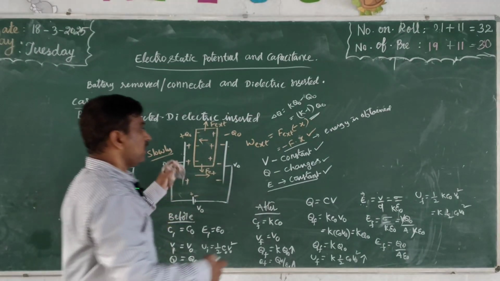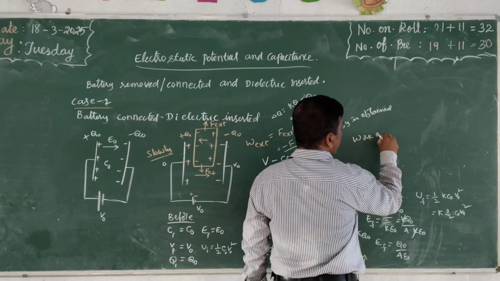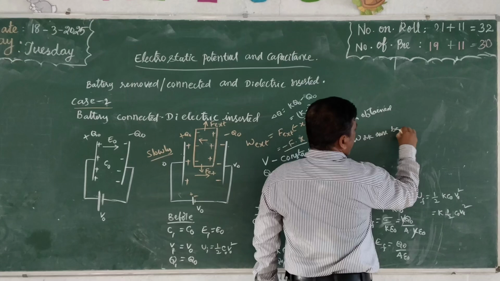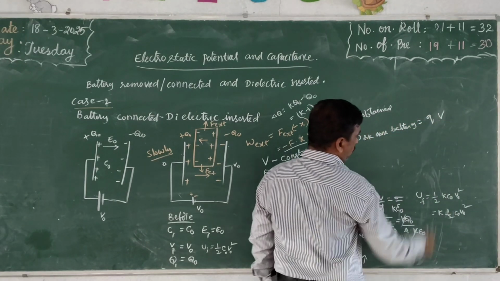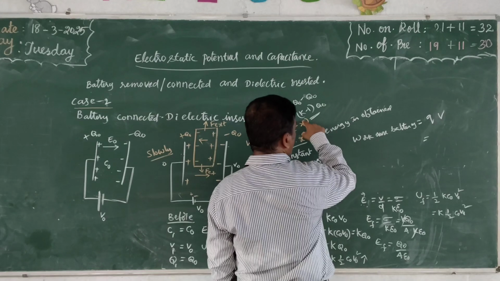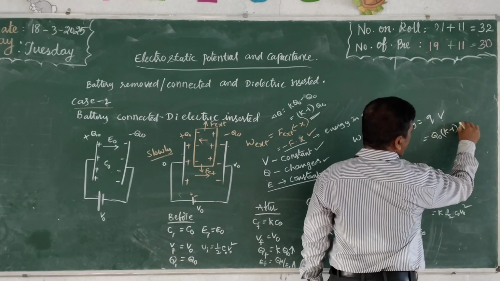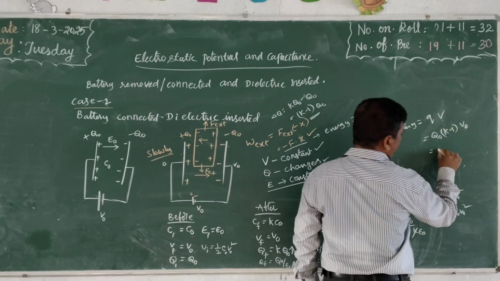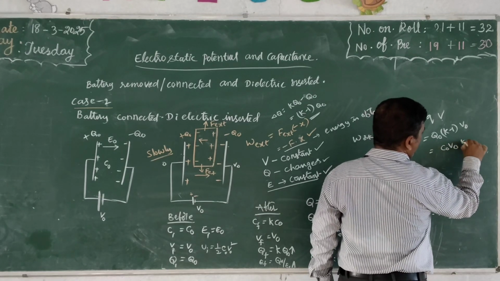Why now? Energy supplied by the battery means work done by the battery, equal to what? Charge into potential. What is the charge here? Q naught into (K minus 1). What is the V? V naught. Q naught means C naught V naught, into (K minus 1).